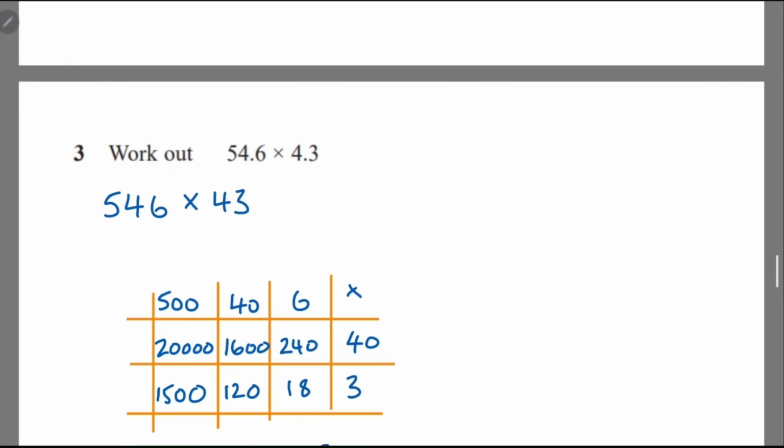The decimal places are how many digits we have after the decimal point. Here we've only got one number after the point, and on this one, just one number after the decimal point. So the first number has 1 dp, and the second number also has 1 dp, which tells us that the answer would have 2 decimal places. So you need to place your decimal in a position where there'll be only 2 numbers after the point.